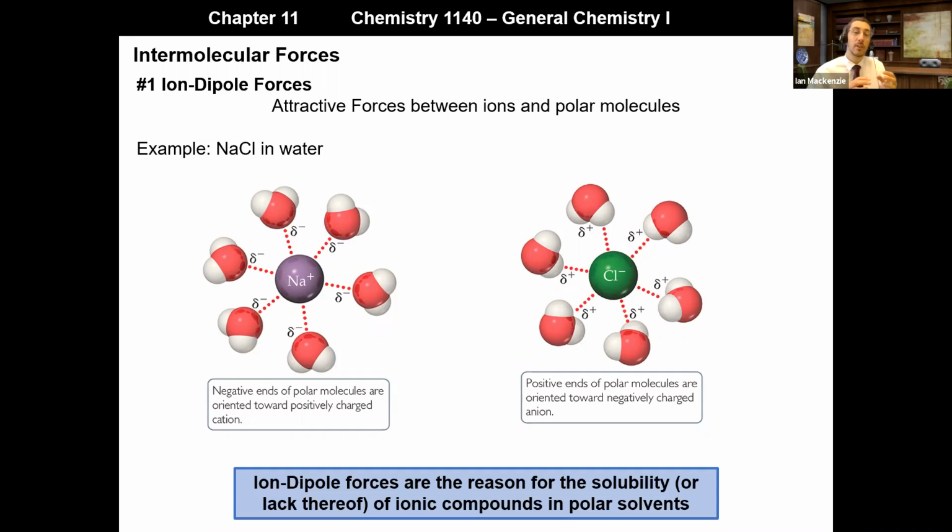In the case where things are soluble, you gain enough energy from the ion dipole forces to overcome the ionic bond strength, but for insoluble precipitates, you do not have enough energy from the ion dipole forces to overcome that ionic bonding.